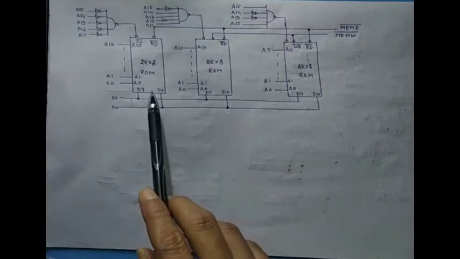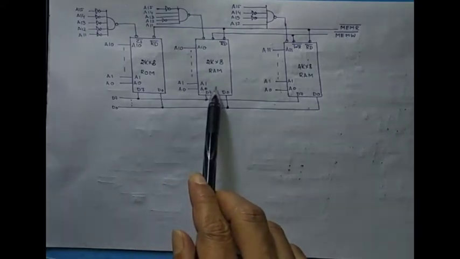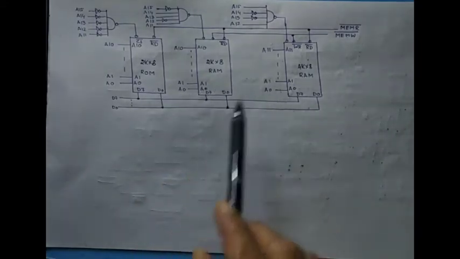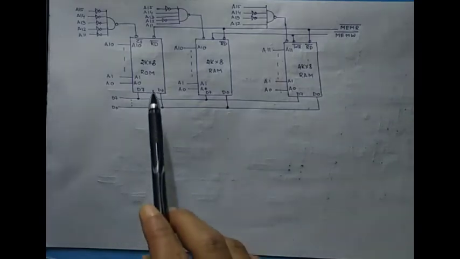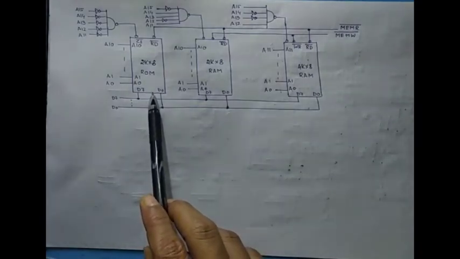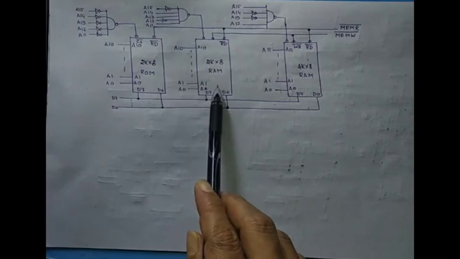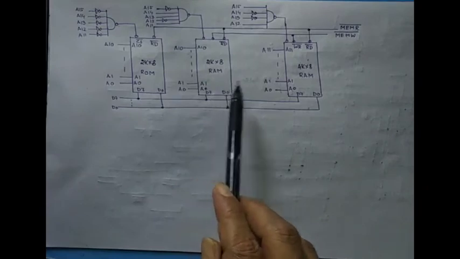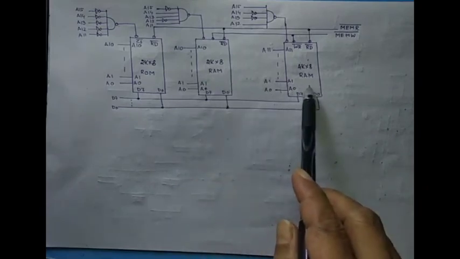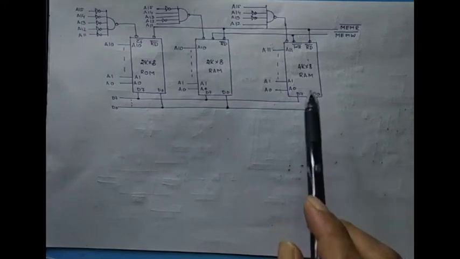where 3 memory devices have been interfaced with the Intel 8085 processor. The first one is a 2 kilobyte ROM, the second one is a 2 kilobyte RAM device or RAM IC, and the third one is a 4 kilobyte RAM device or RAM IC.